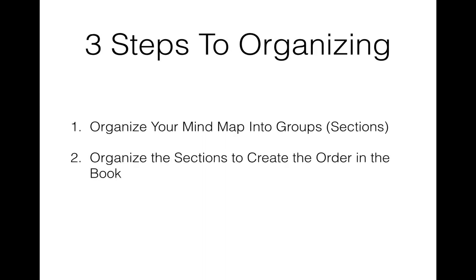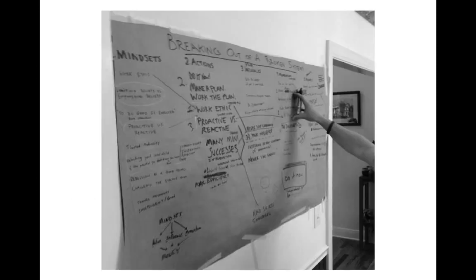Organize these sections in the order that you want to present them, and then break up the sections into chapters. And you'll probably just keep doing that. As you can see in the bottom left-hand corner, we weren't even sure of the order we wanted to put these 5 sections. So we debated about that. We put it up there, and then we later changed it.